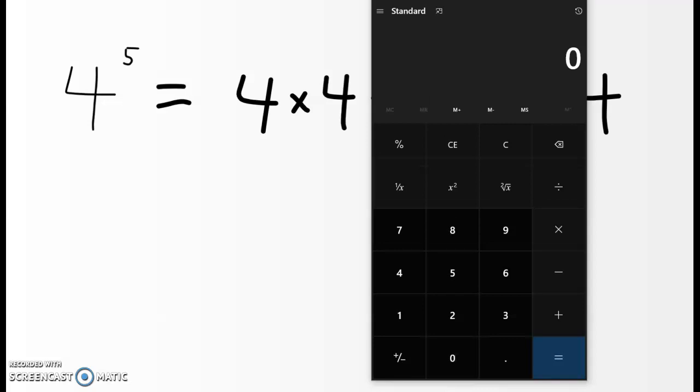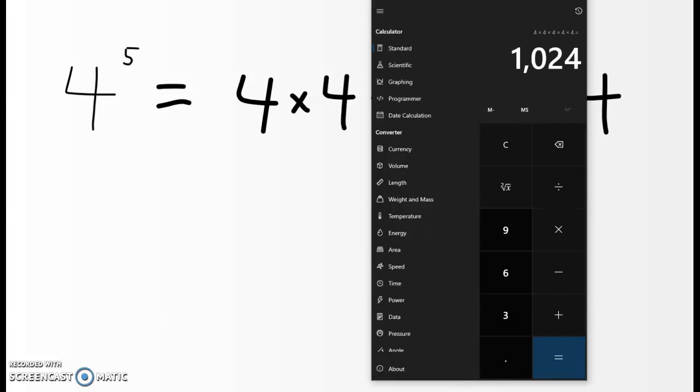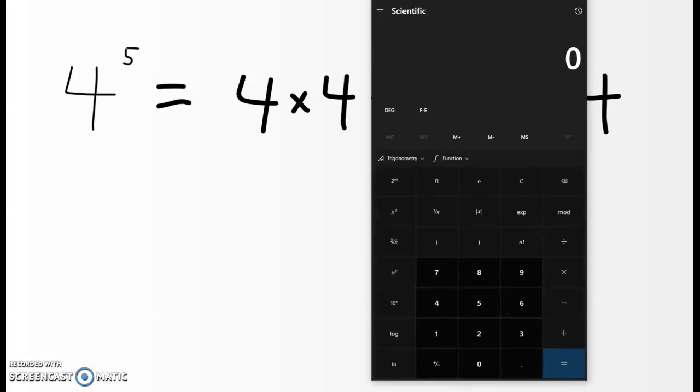I can do 4 times 4 times 4 times 4 times 4, and what I get is 1024.